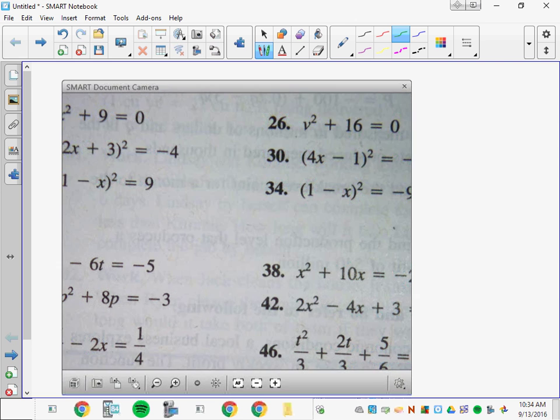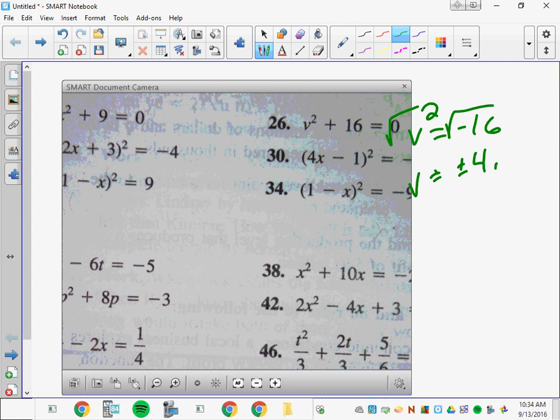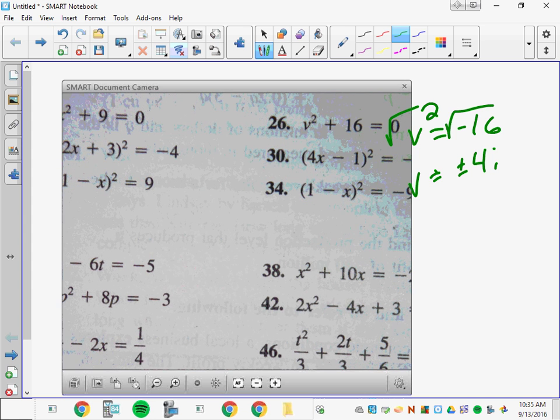Using the square root method, we subtract, v squared equals negative 16, and we square root, v equals plus or minus 4i. 16 is a perfect square, so the square root of 16 is 4, and that negative 1 is also a perfect square. It's the perfect square of i. Well, I guess it's not a square. It's i times negative i.